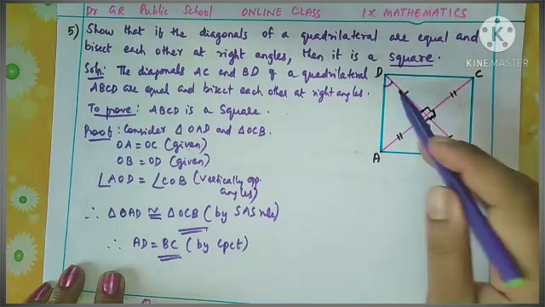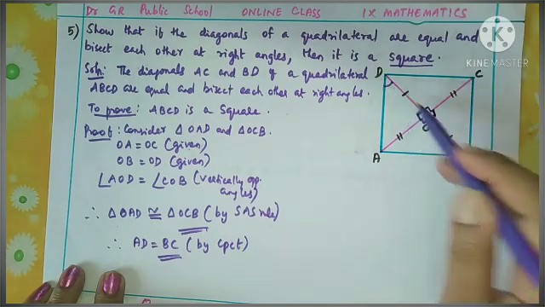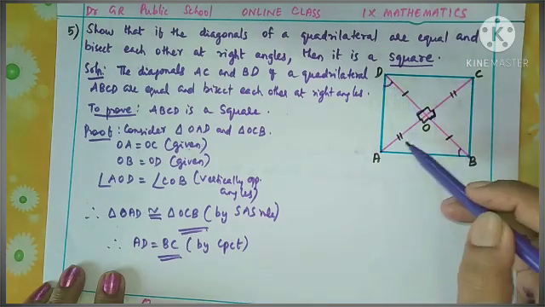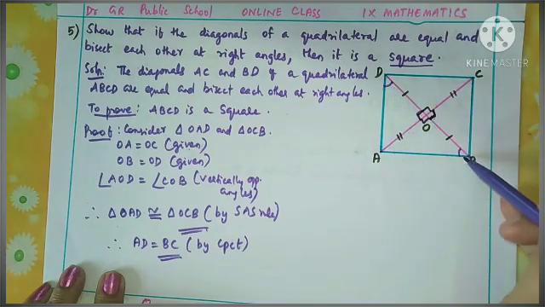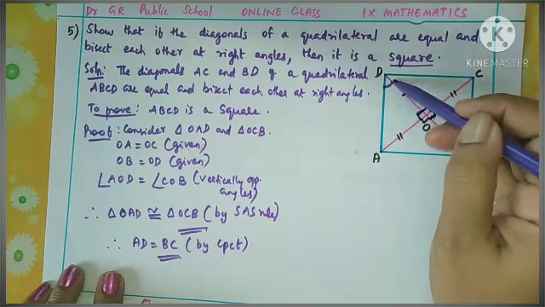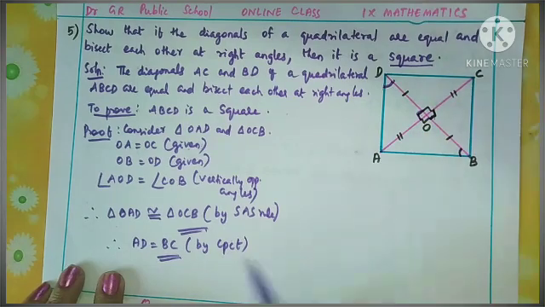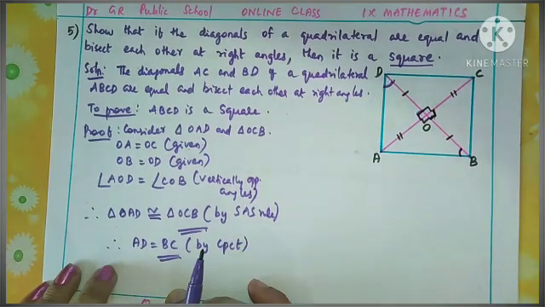What about these two? These are also corresponding parts of congruent triangles. Okay, in this triangle, this angle B is the corresponding part of this angle D. So they are also equal. That is also we need in the result.